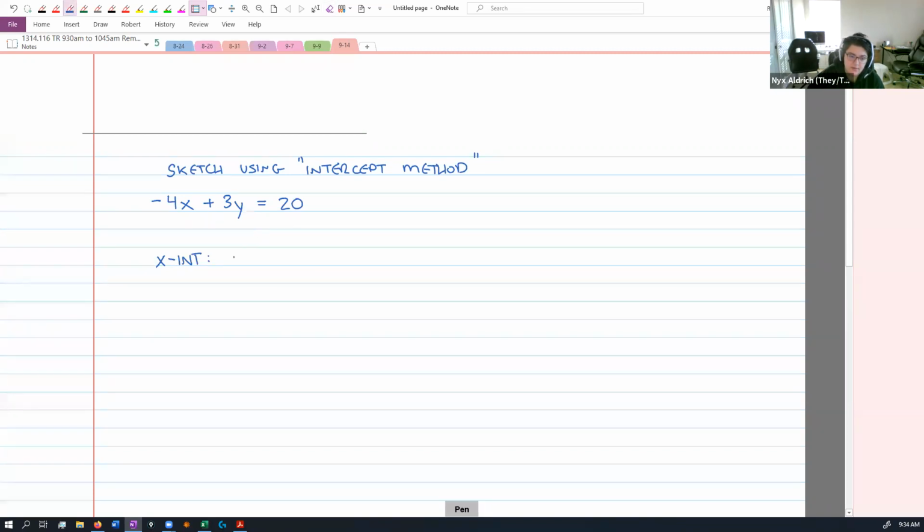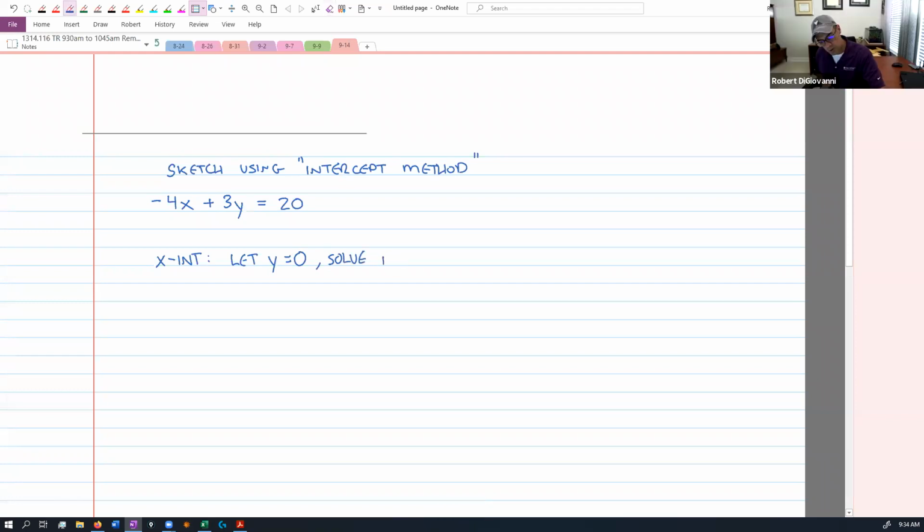If you're finding the y-intercept first, you set x equal to 0, and then you solve it. Okay, good. And that'll give you their intercept point. Very good. So to find the x-intercept, what we'll always do is let y be 0 in the equation, and then we'll solve for x.